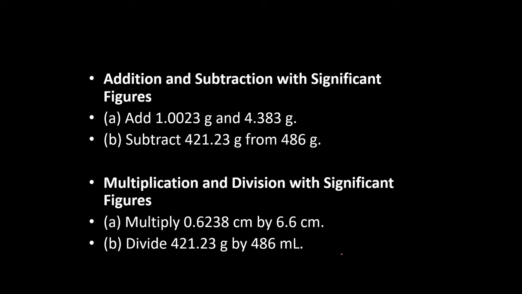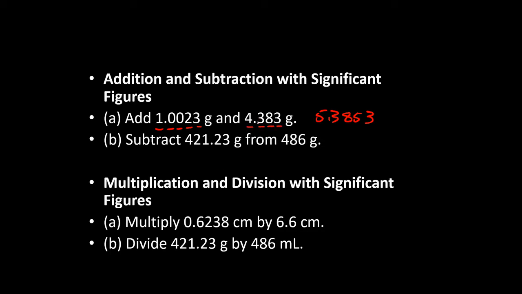All right, hopefully you worked that out on your own. So if we type this first one into our calculator, 1.0023 plus 4.383, that will give us 5.3853. That's what the calculator gives us. But if we check the sig figs here, this has 5 sig figs. This one has 4.